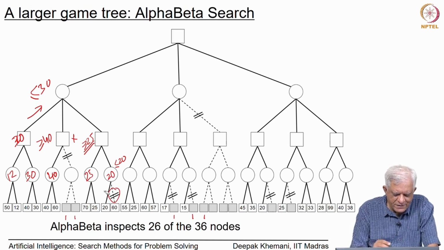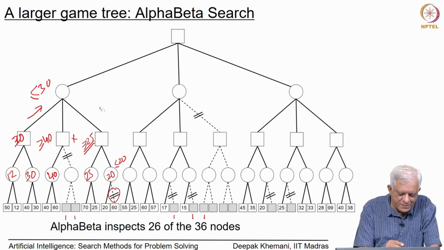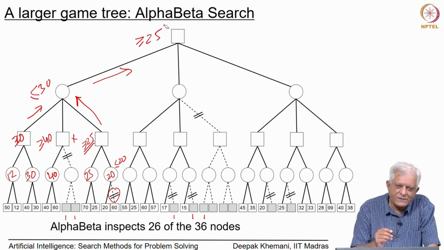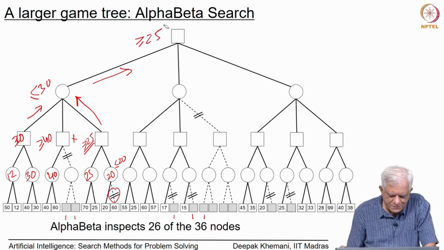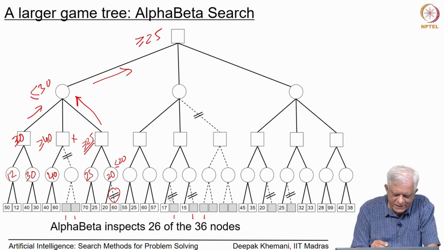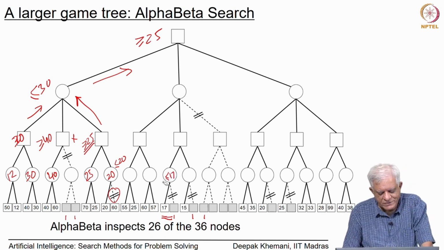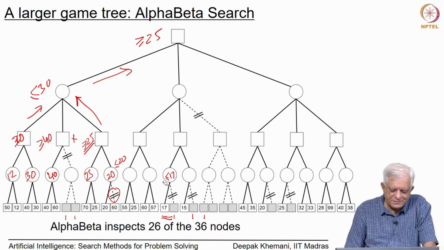In a similar fashion, by the time this has gone up, this value of 25 would have gone here, and it would have gone here, and so this would be greater than or equal to 25. And cutoffs can be very deep, in the sense that when the algorithm is exploring this node 17 here, it can see that this is going to be less than or equal to 17, or the beta value is actually an upper bound, but I have just written less than or equal to 17.